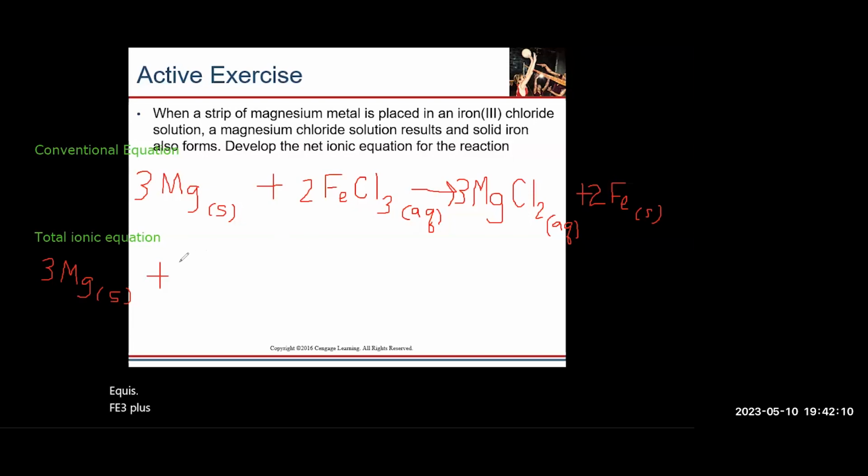So we're going to have 2 Fe3 plus, and that's right, 6 chloride ions.